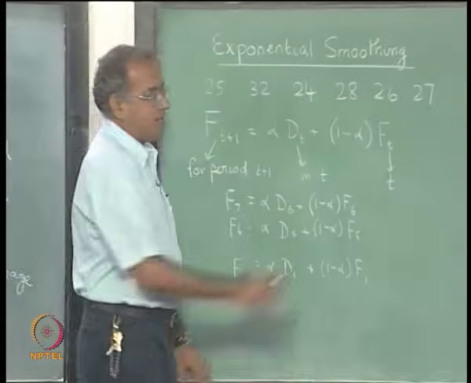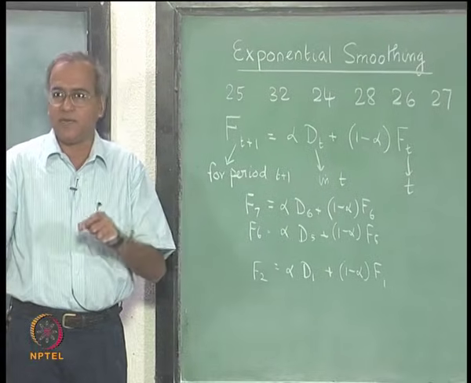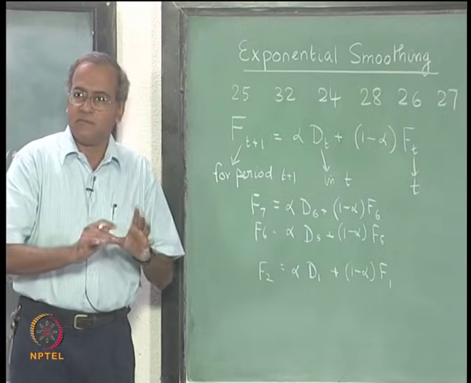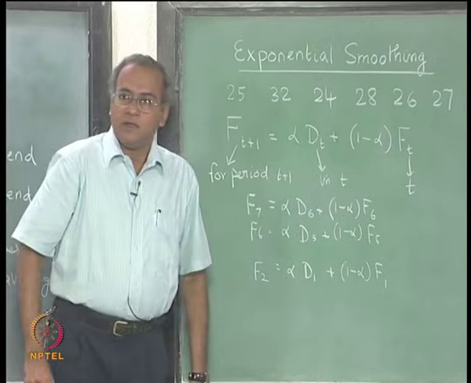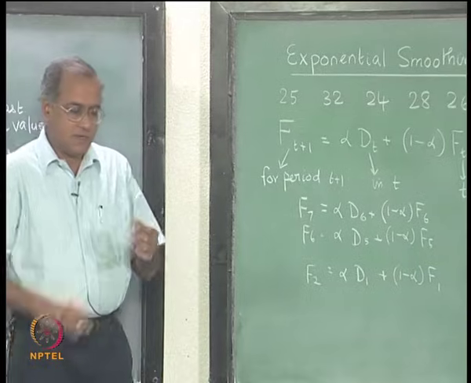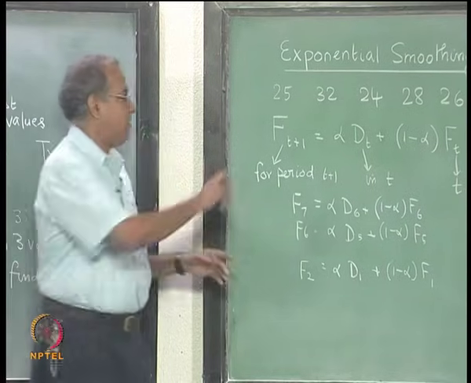Now, what are the advantages of exponential smoothing and what are the areas we need to address in exponential smoothing? First, let us address perhaps the advantages. When we set out to do exponential smoothing, we said that we want a model where we use all the values.